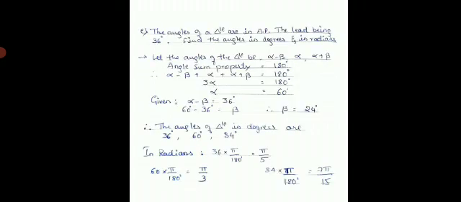Next example. The angles of a triangle are in AP, the least being 36 degree. Find the angles in degrees and in radians. So let the angles of the triangle be alpha minus beta, alpha and alpha plus beta, because according to the question the angles of a triangle are in arithmetic progression.